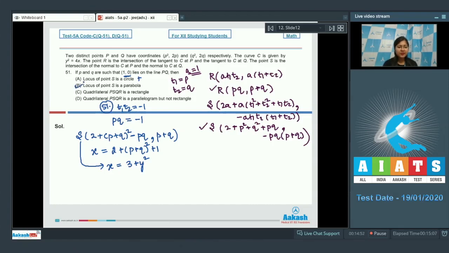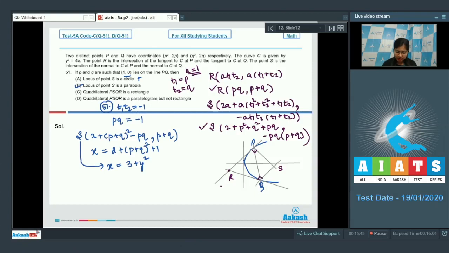Now talking about quadrilateral PSQR. So let's draw the diagram first. This is the parabola, and let us say this is the line joining P and Q, and this is the line joining the normals at P and Q, and these are the lines joining the tangents at P and Q. So now this is R and this is S. As tangent and normal are always perpendicular, so these two angles are 90 degrees, right?